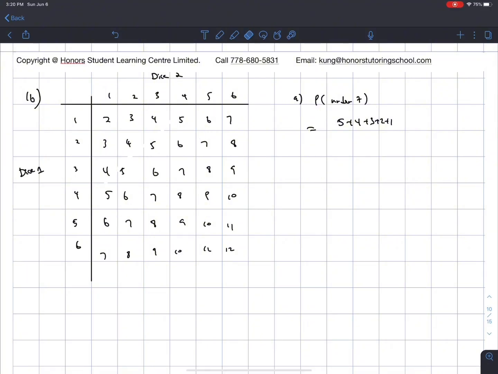And then 4 5s. Right? And then 3 4s, 2 3s, and 1 2. Okay, so that's how I got these 5 plus 4 plus 3 plus 2 plus 1. And this is over 36 total possible outcomes.